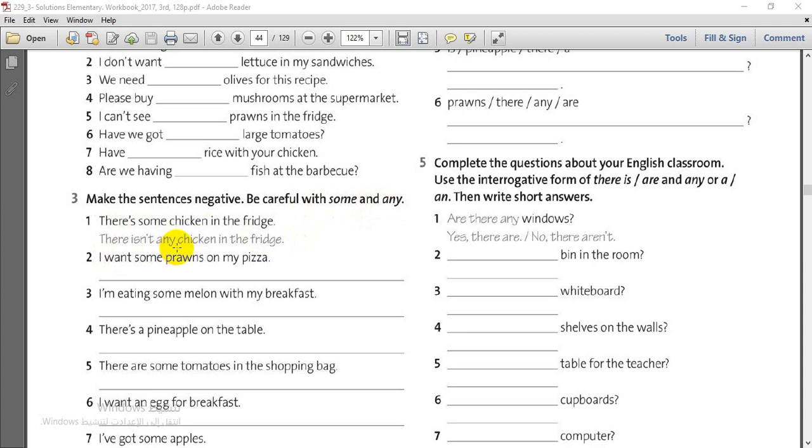There isn't any chicken in the fridge. If we want to make it negative, we put not. There is not any chicken in the fridge. We put any because we use any with the negative sentences.